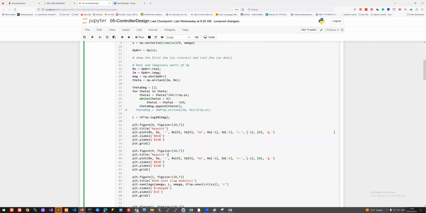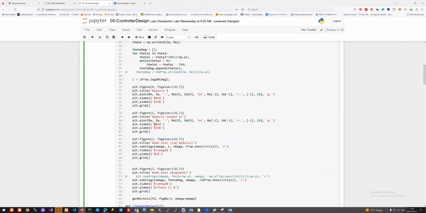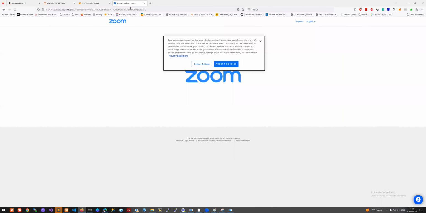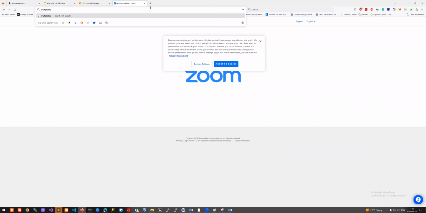So Nyquist, let's call it zoomed in. We'll plot the same stuff. We'll need a new figure number to update the other figures. And let's zoom in in terms of, yeah, I never remember offhand. So math verb, axis limits.